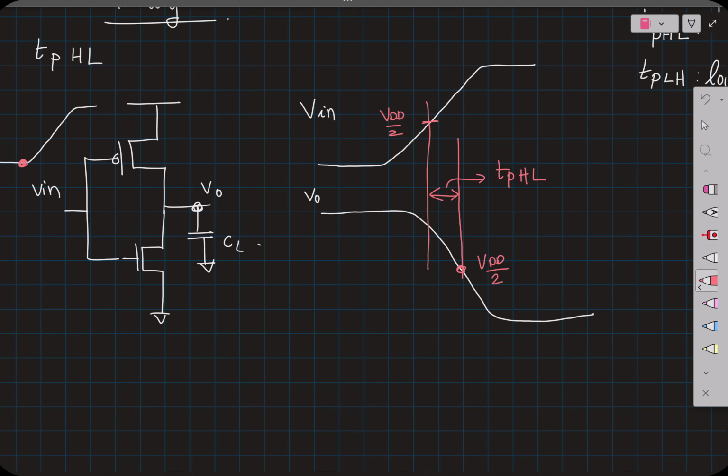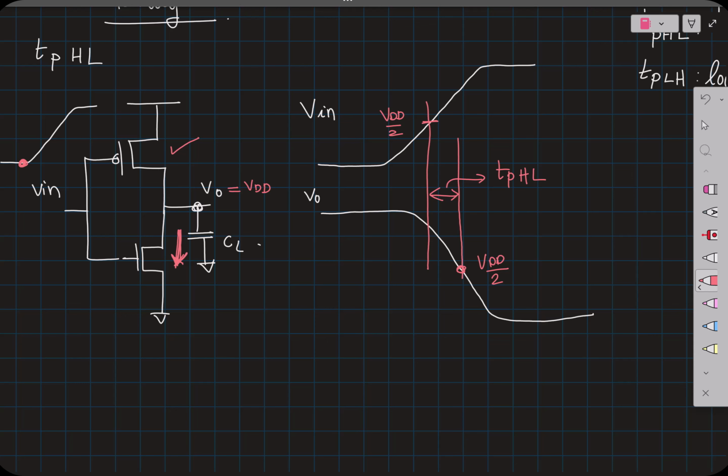Now, as your input voltage is increasing, the current available through this PMOS transistor is likely to decrease, because its source to gate voltage is reducing. And when it crosses the threshold voltage, your NMOS transistor turns on, and some current is then going to flow through this NMOS transistor. Is all of that current available for discharging the capacitor?